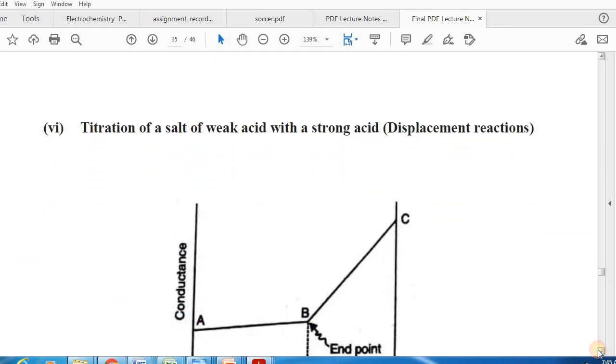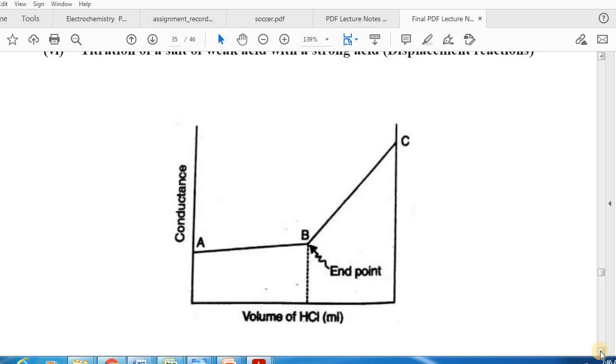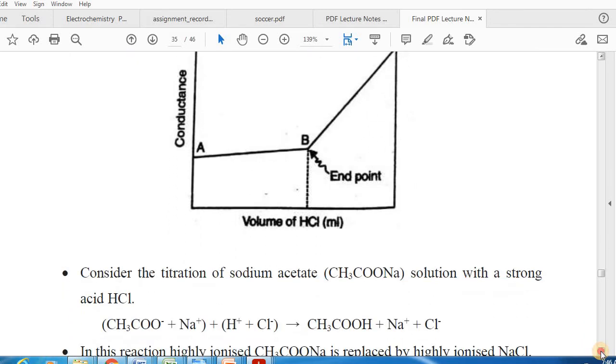Next one is the titration of a salt of a weak acid with a strong acid. These are also known as displacement reactions. Now in this case, what kind of curve are we getting? Here we are considering the titration of sodium acetate solution with a strong acid HCl.